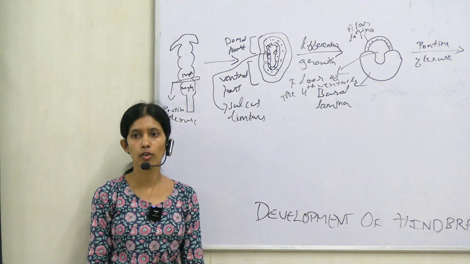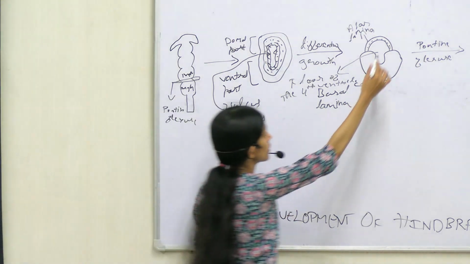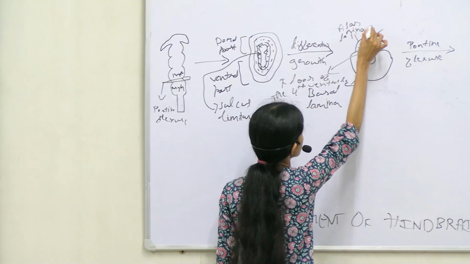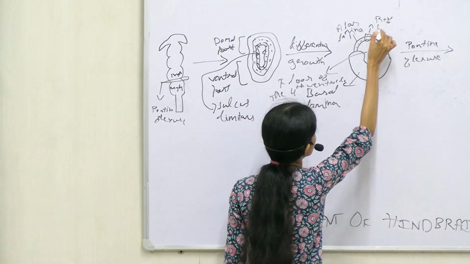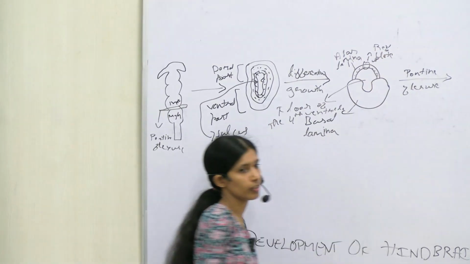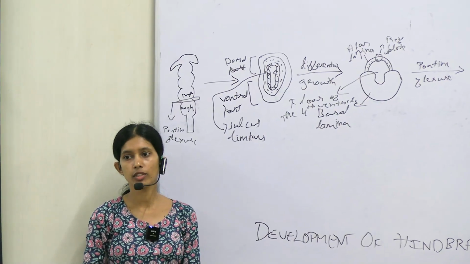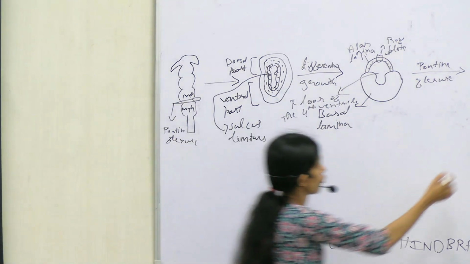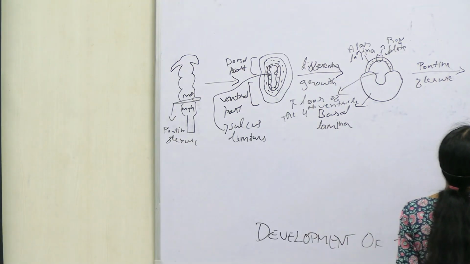As a result of your pontine flexure, this alar lamina, where we can see the roof plate, will get thin and also get elongated to form a structure like this.